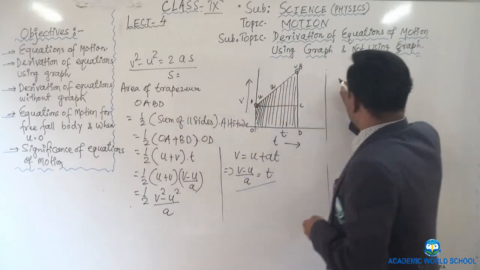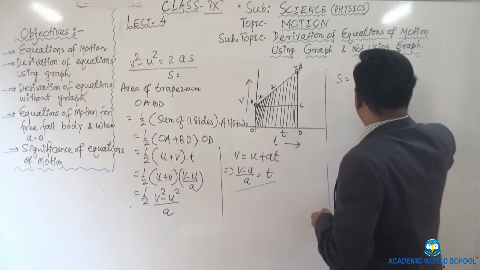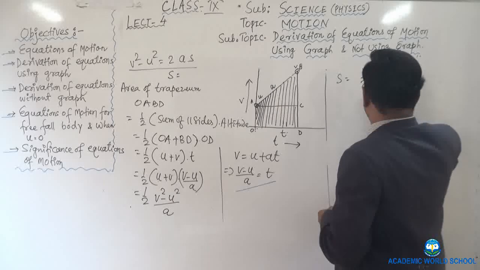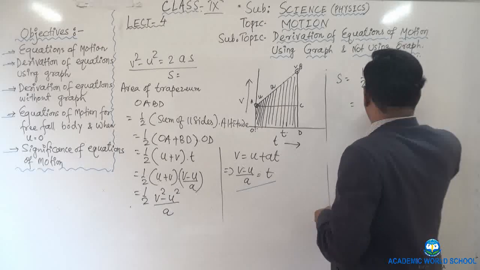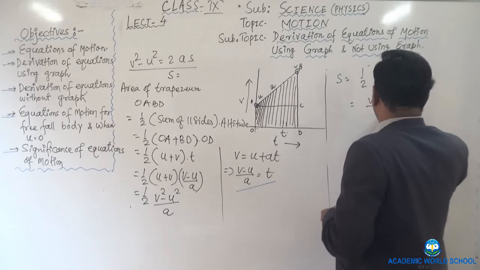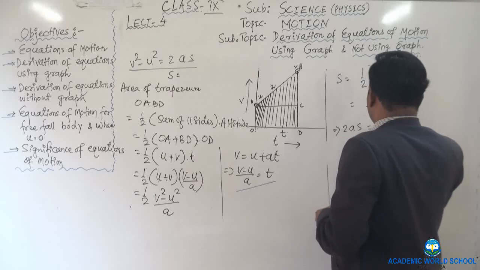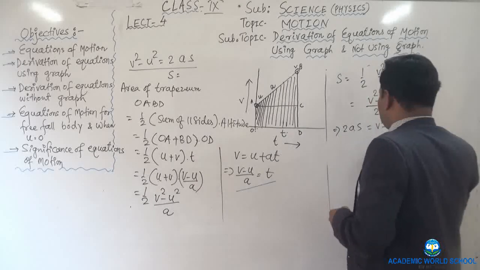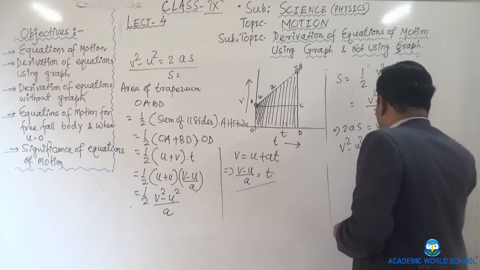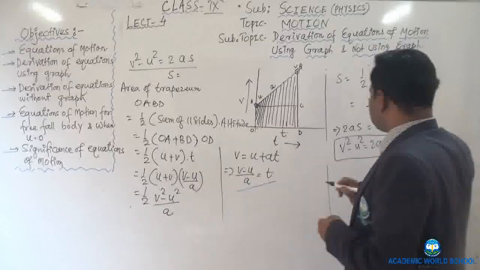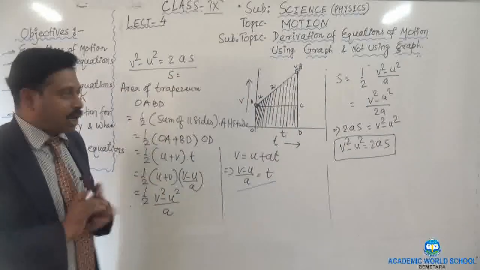So S is equal to half into V square minus U square upon A, or I can write V square minus U square upon 2A, or 2AS is equal to V square minus U square. By rearranging, V square minus U square is equal to 2AS. So this is the derivation of the third equation of motion using the graph.